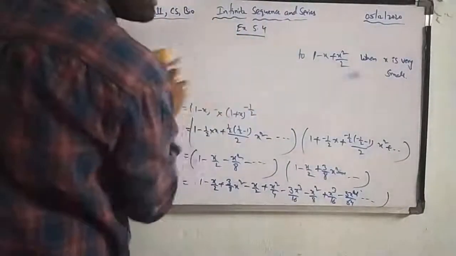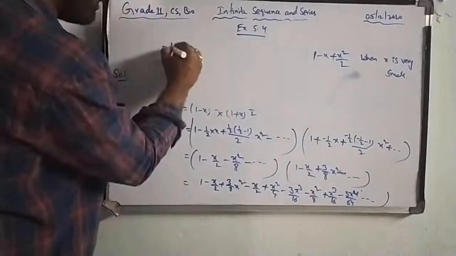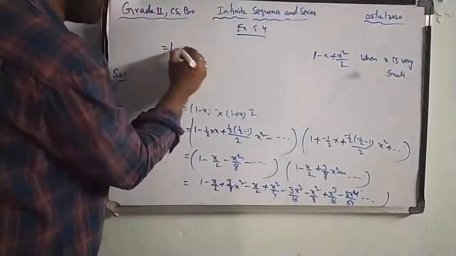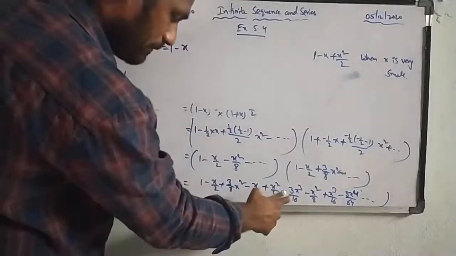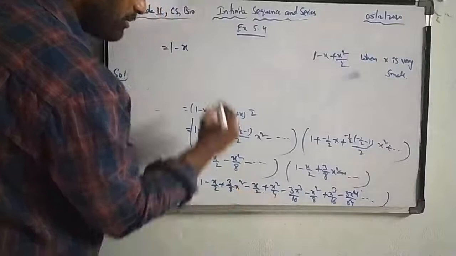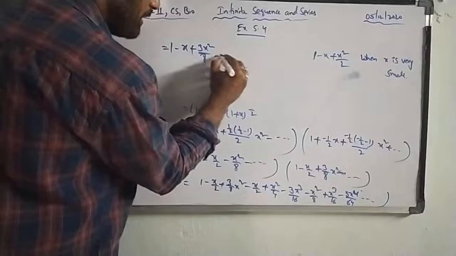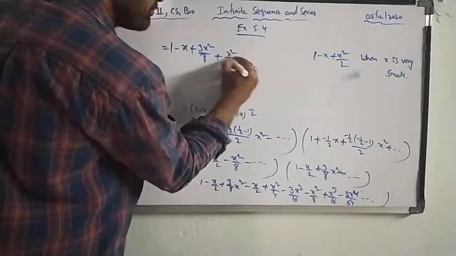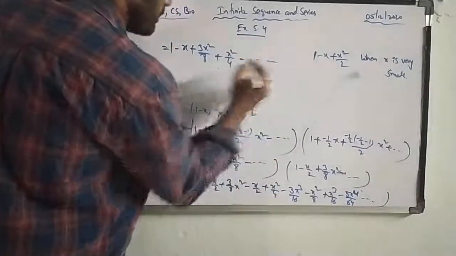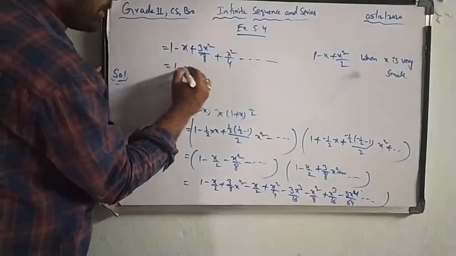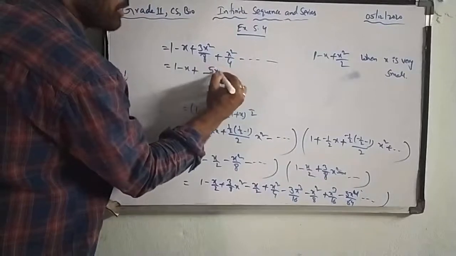So I'll take it into the numerator on the top. So here if you see, 1 minus x by 2 minus x by 2, that is minus 2x by 2, which is minus x. Next, 3 by 8 x square plus 3x square by 8 plus x square by 4, minus so on. So if I take this, 1 minus x plus, 8 is the LCM, 3 plus 2, 5x square by 8.